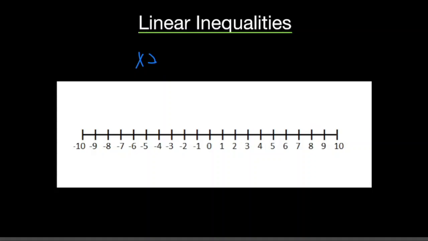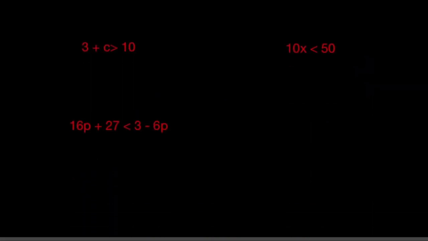Now, let's move to solving linear inequality expressions. We're going to treat these kind of like solving linear equations, so we want to get like variables on each side. With the first example, we see 3 plus c is greater than 10.